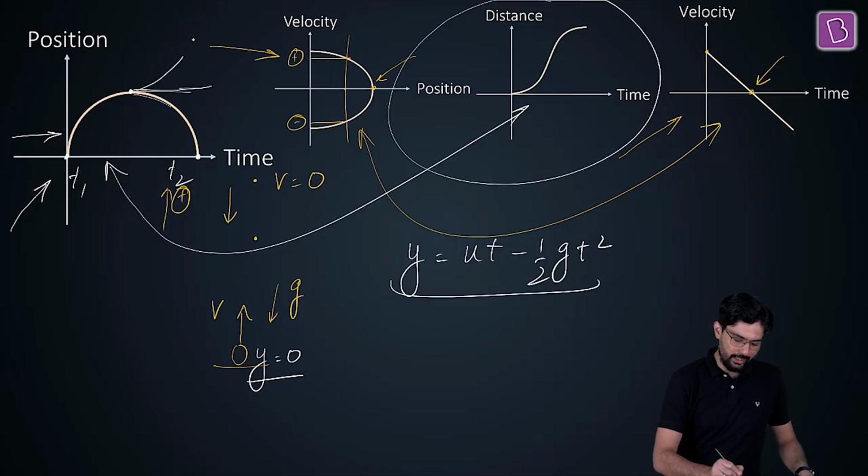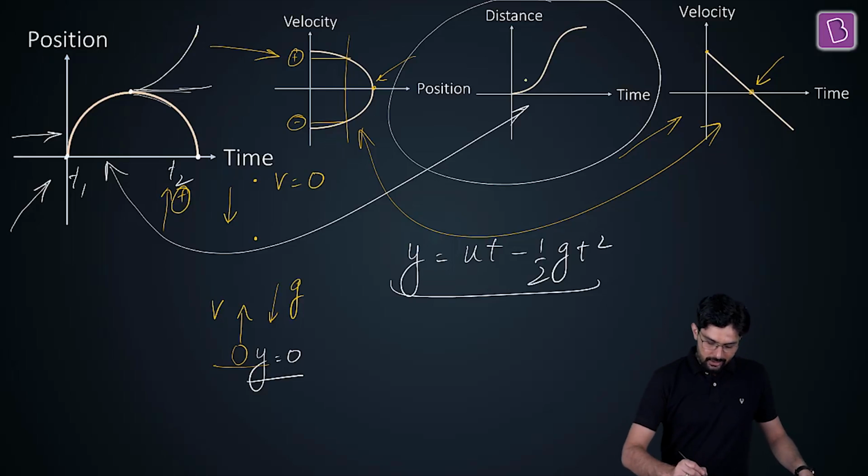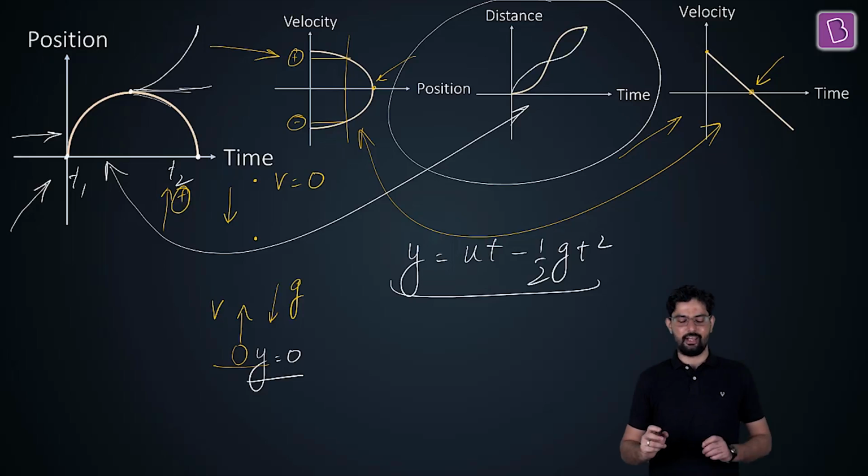So it is going to look like that. And now you can see what's the inconsistency, right? The distance time curve for the mentioned motion should look like that, and not what has been given.